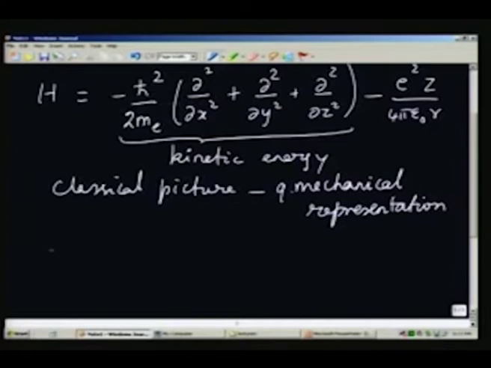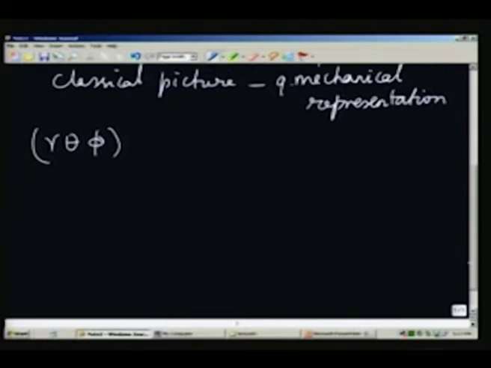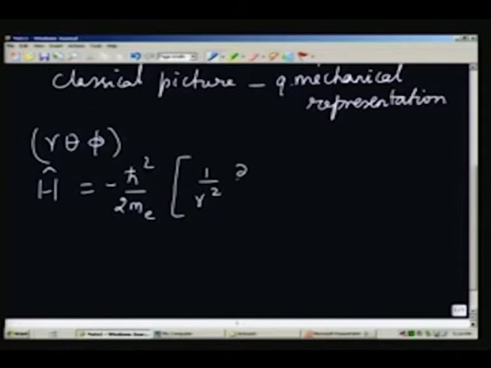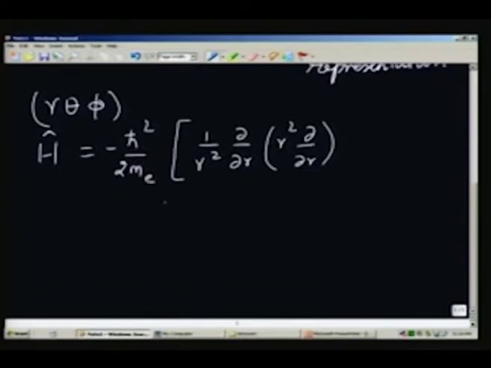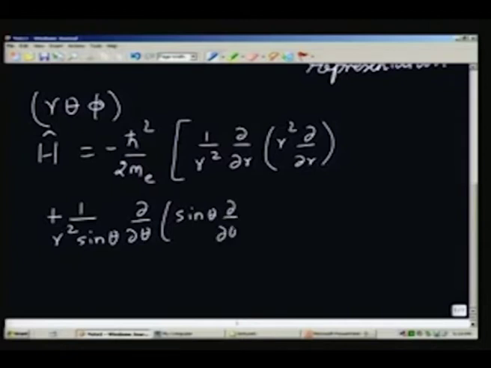Okay. Now, this was converted into the r theta phi coordinate system in the last lecture, and I would like to rewrite the Hamiltonian using the polar coordinate system as minus h bar square by 2 m e, 1 by r square dou by dou r of r square dou by dou r, then there is the theta phi terms, plus 1 by r square sin theta dou by dou theta of sin theta dou by dou theta, plus 1 by r square sin square theta dou square by dou phi square.